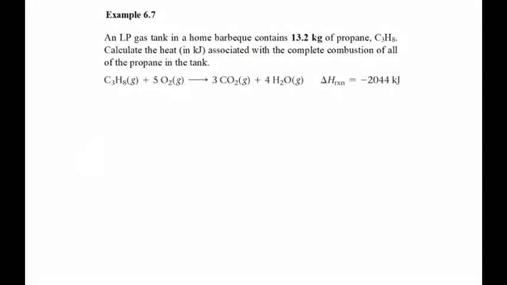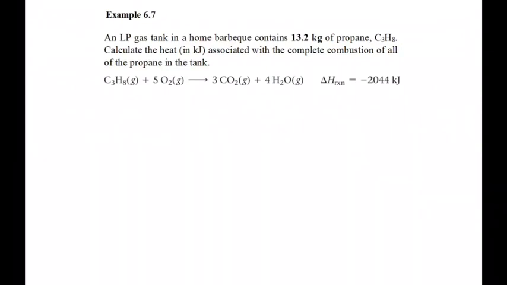So let's look at this example here. A liquefied propane gas tank in a home barbecue contains 13.2 kilograms of propane. Calculate the heat in kilojoules associated with the complete combustion of all of the propane in the tank. And it gives you the reaction equation here and the amount of heat that's generated by that chemical reaction. The first thing that you want to do here is to write down what's given.